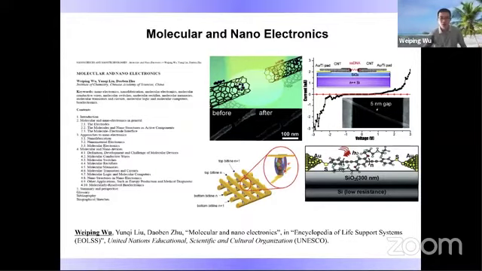As you can see, there are methods using carbon nanotubes or gold as electrodes to assemble a single molecule at the electrodes. So you can test this type of single-molecule device using this very special device architecture.